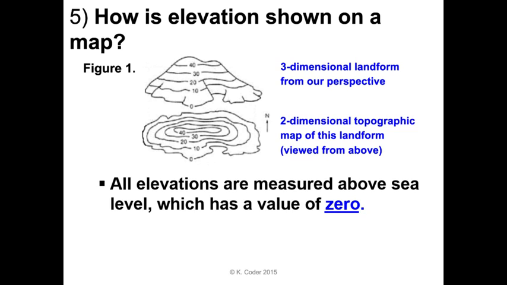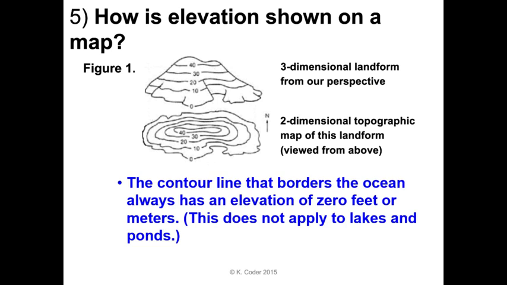Now, all elevations are measured from above sea level, which has a value of 0. So 0 elevation, 0 feet above sea level. So, for example, when we look at the images above, it all starts at 0. So that must be the sea around this, so this figure could be considered an island. Now, the contour line that borders the ocean always has an elevation of 0 feet or meters, as I was saying before.